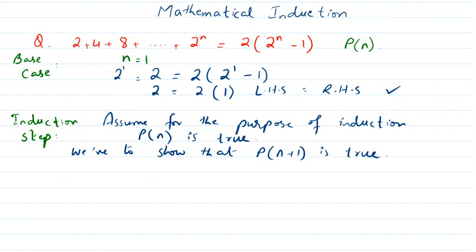Now plugging in n plus 1 in the given equation, I'm going to have 2 plus 4 plus 8 plus so on up to 2 to the power n plus 1. And on the right hand side, I'm going to have 2 times 2 raised to the power n plus 1, that is n is replaced by n plus 1, minus 1.